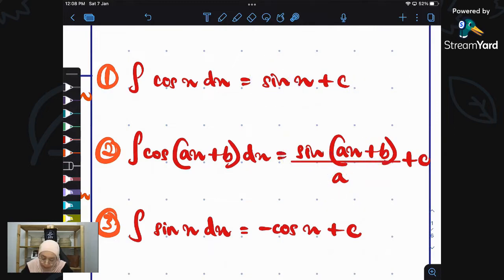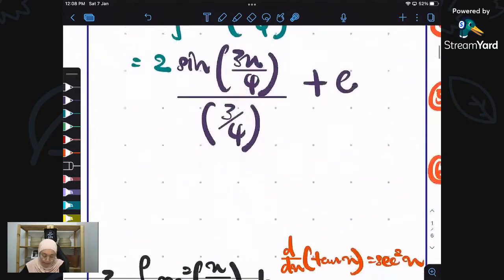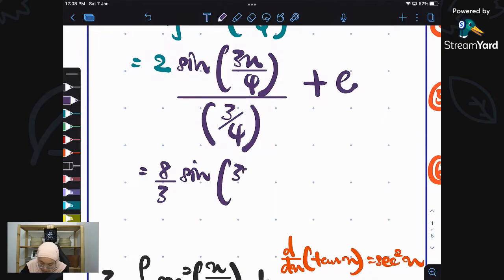You know that already. Why is there no a here? Because a is 1. Differentiating x is 1, so you don't need to write it. Both of these are just the same formula anyway. And so we simplify this answer, which gives us 8 over 3 sine 3x over 4 plus c. That is our answer for question number 2.